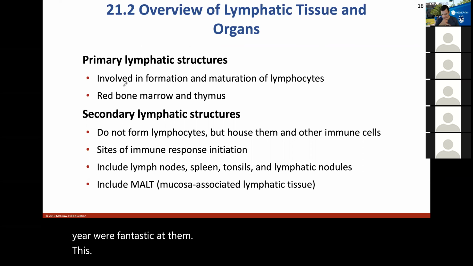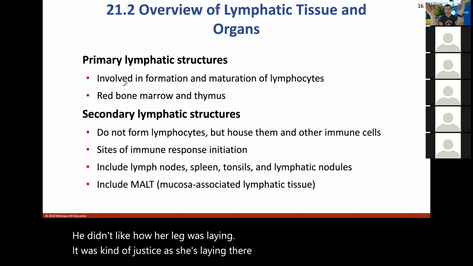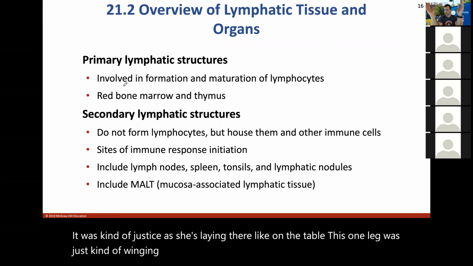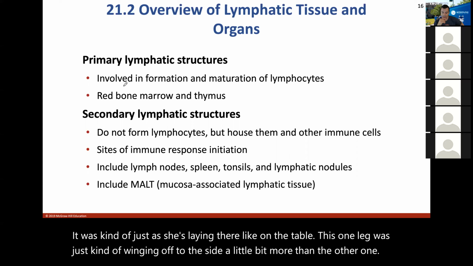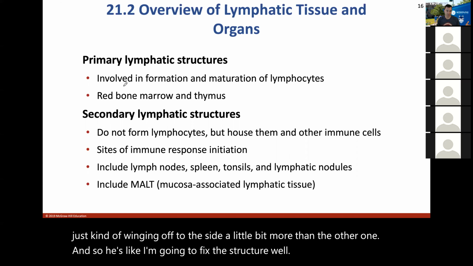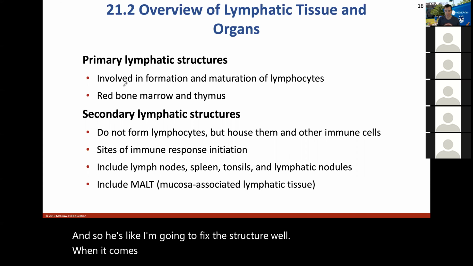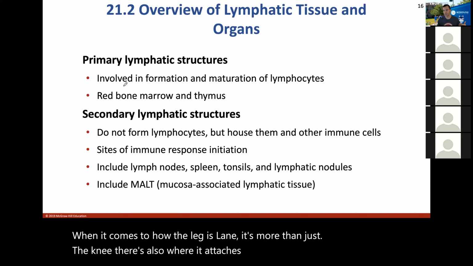This physician, the surgeon, he didn't like how her leg was laying. As she's laying there on the table, this one leg was just kind of winging off to the side a little bit more than the other one. And so he's like, well, I'm going to fix the structure. Well, when it comes to how the leg is laying, it's more than just the knee. There's also where it attaches in the hip, at the ankle.